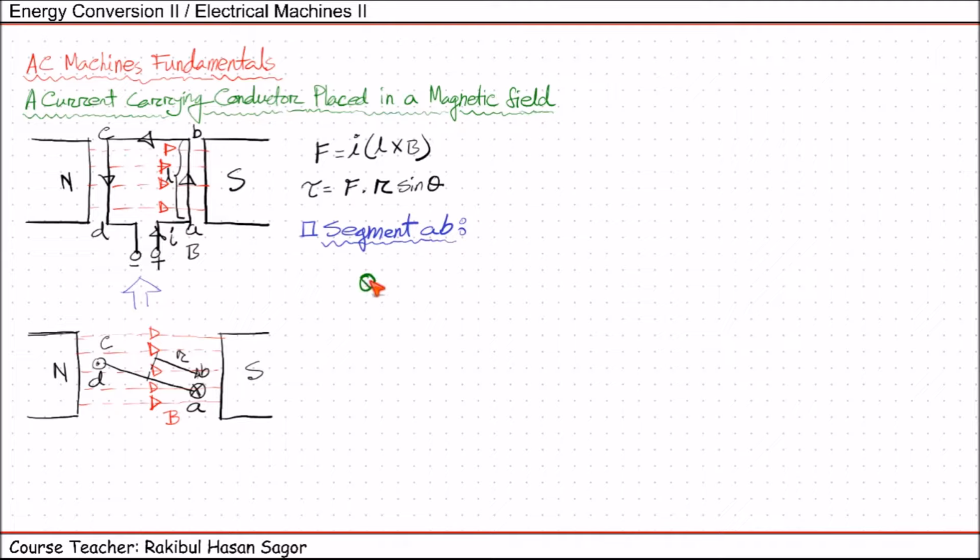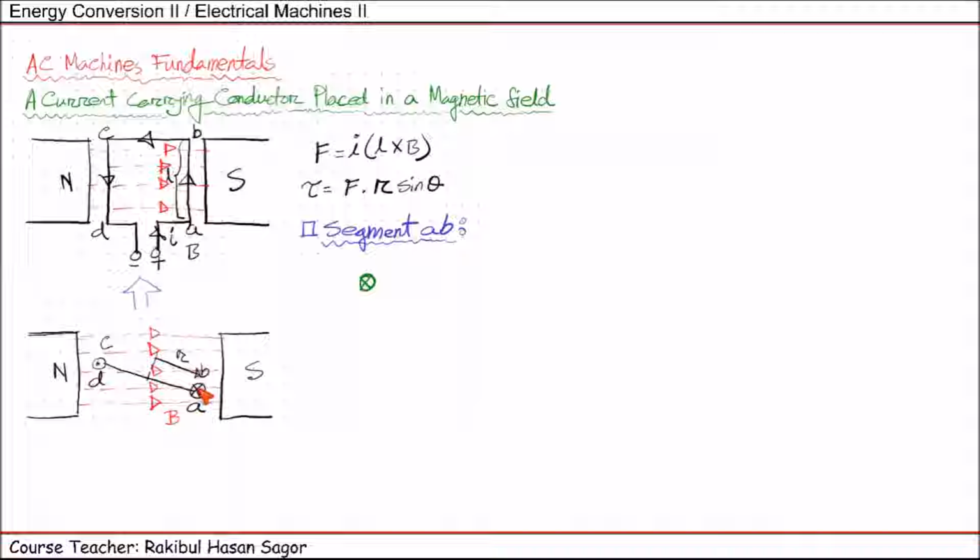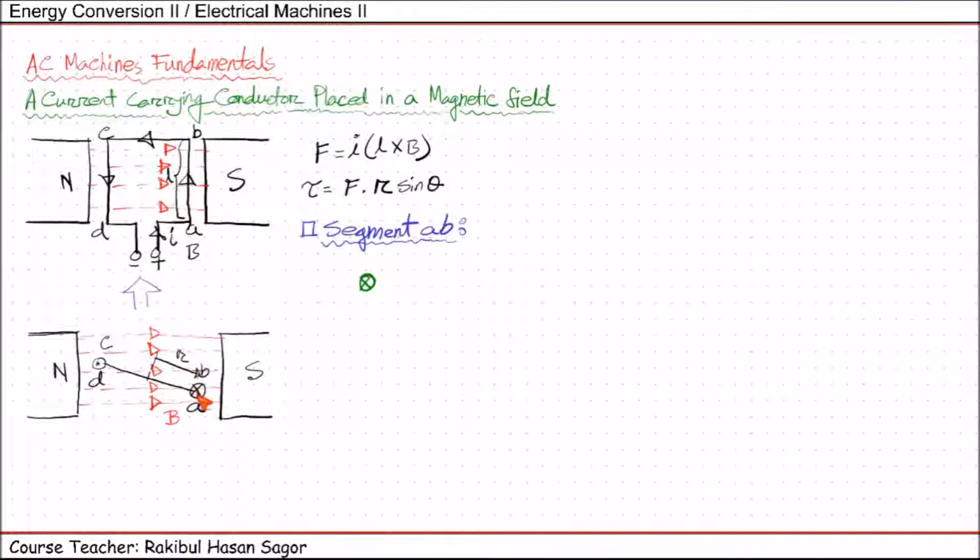If we see this AB section, which is drawn with this side view here, we can see the current is flowing into the page as it is moving from A to B, while the magnetic field B points to the right. So this is the magnetic field B direction.